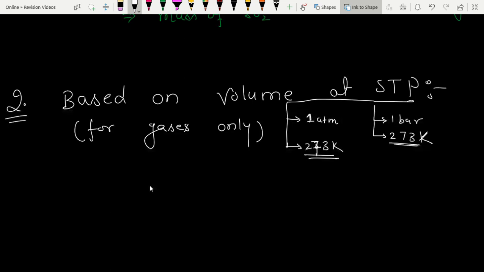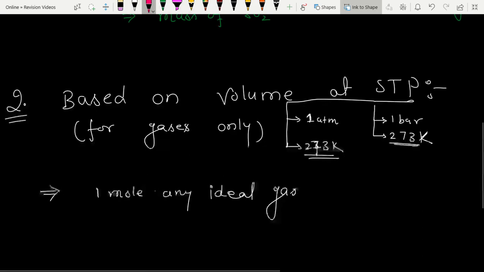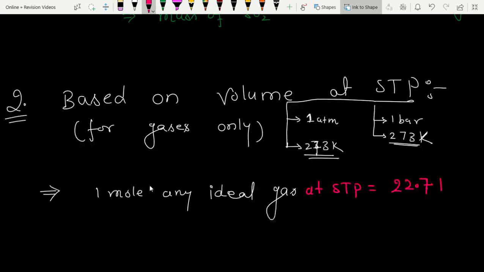According to this new parameter, 1 mole of any ideal gas at STP is equal to 22.7 liters of that gas. It means that 1 mole of any ideal gas will occupy 22.7 liters of volume.